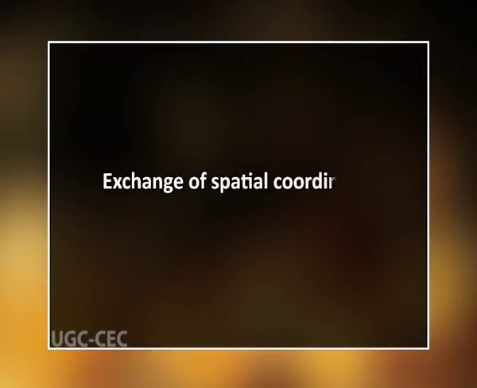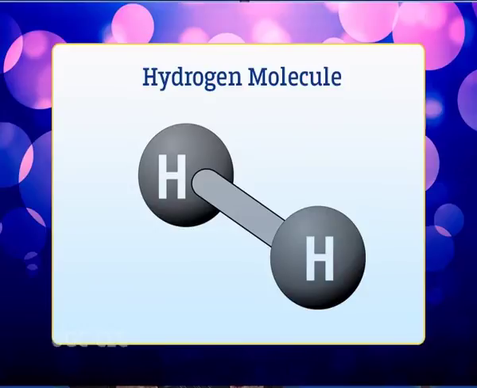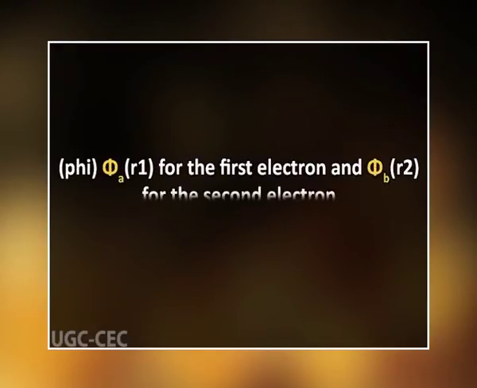Now, let us discuss exchange of spatial coordinates. Taking a hydrogen molecule-like system, that is, one with two electrons, we may attempt to model the state of each electron by first assuming the electrons behave independently and taking wave functions in position space of phi a of r1 for the first electron and phi b of r2 for the second electron.